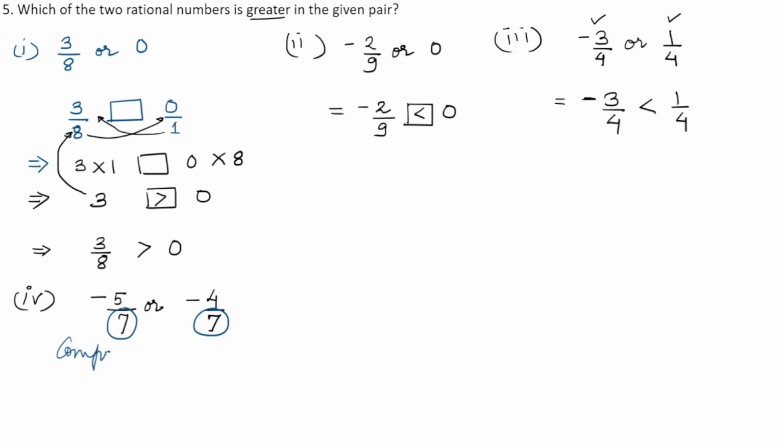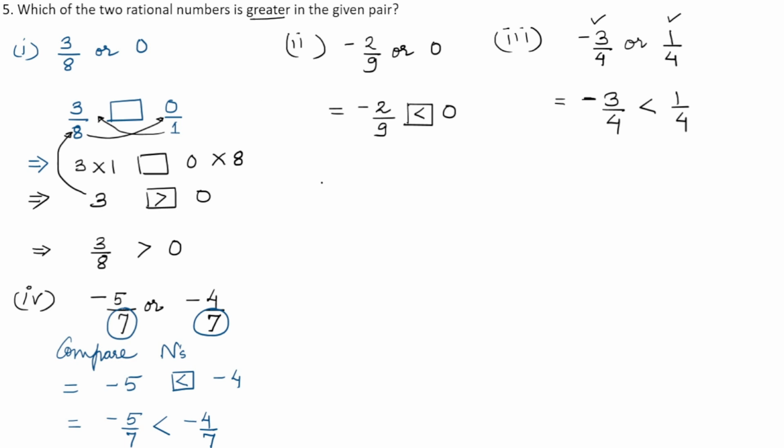So what we are going to do is we are going to compare only the numerators. Now, what do we get on comparing the numerators? Minus 5, we are comparing it with minus 4. So obviously minus 4 is greater than minus 5. It means what? That minus 5 by 7 is smaller than minus 4 by 7.